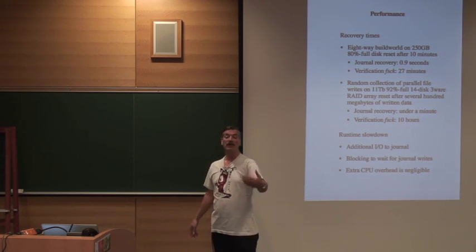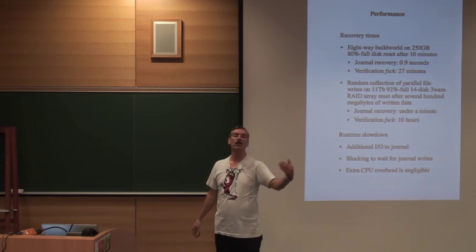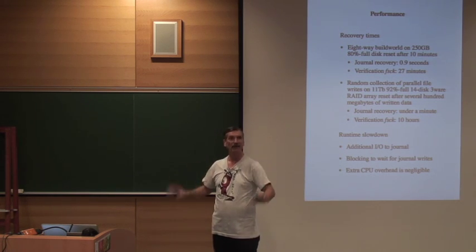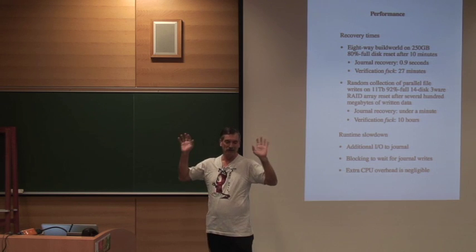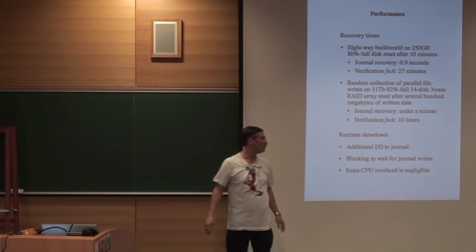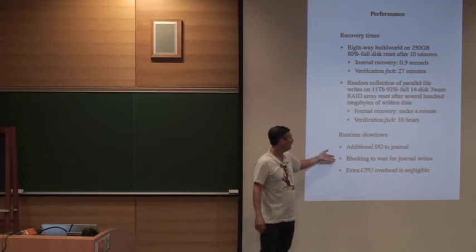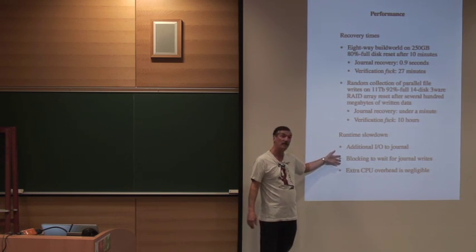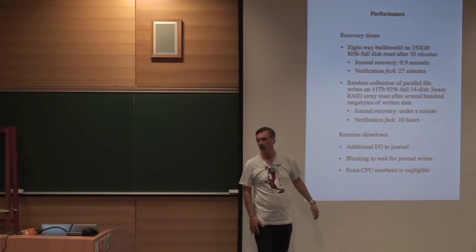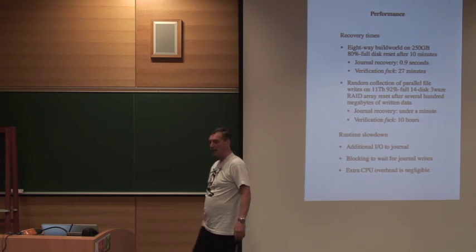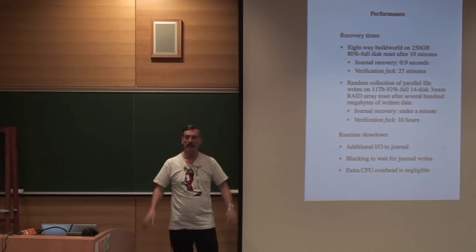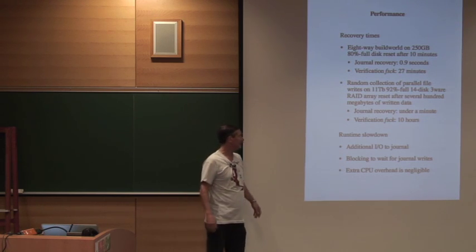But there are places where it does show up, and this is when you're writing large files, and for whatever reason we have to stop and write something to the journal about a cylinder group, and the cylinder group can't be changed while that's happening. This, in fact, is one of the performance things that Jeff is working on right now, because it is noticeable, and we have some ideas on how to fix it, but we haven't got there yet.